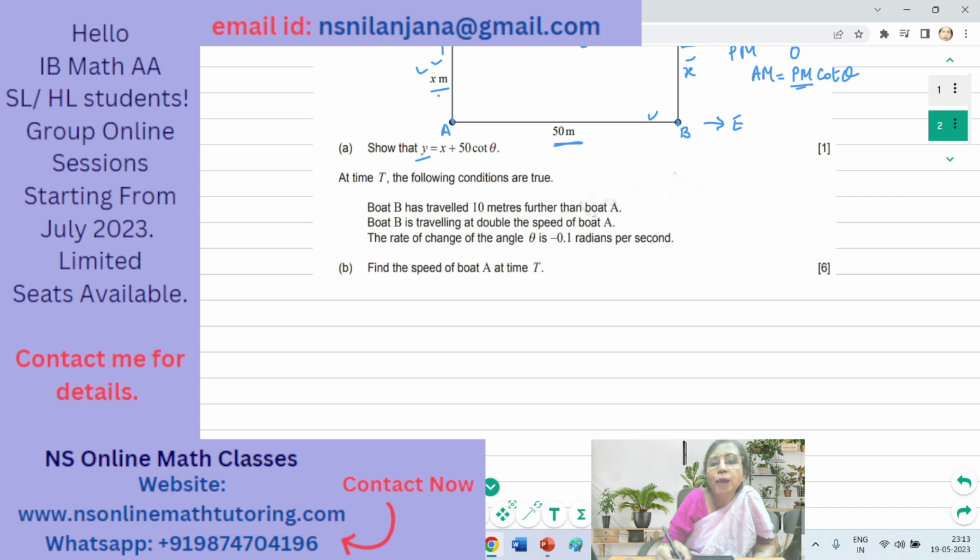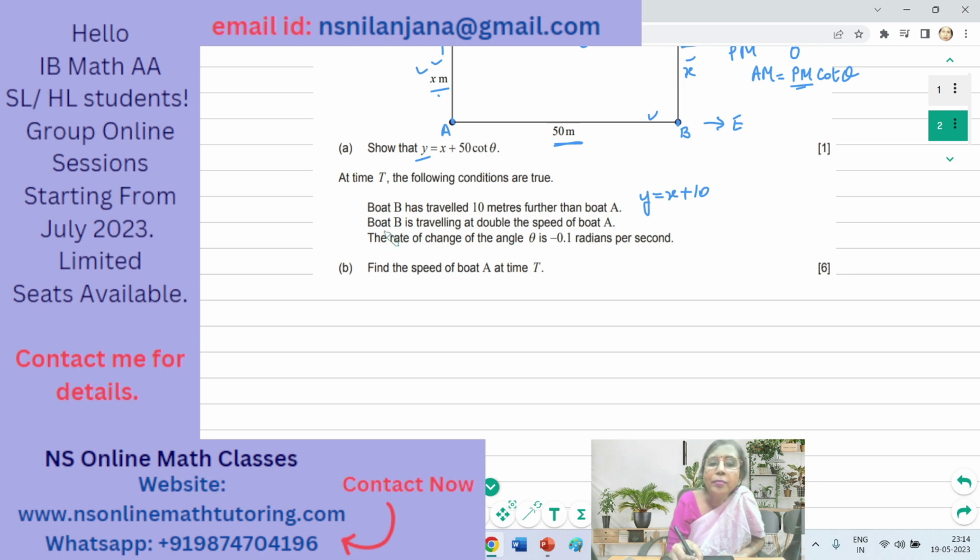Therefore, boat B has traveled 10 meters further than boat A. So this is giving us this equation: y equals x plus 10. Because 10 meters further, it has moved through a distance of x and it has moved through an additional 10 meters. So y is equal to x plus 10. This is one of the equations that we have got.